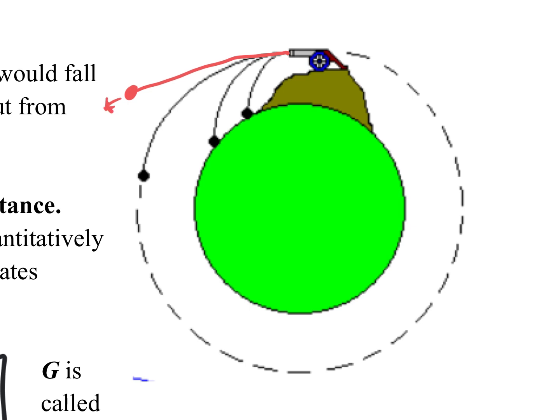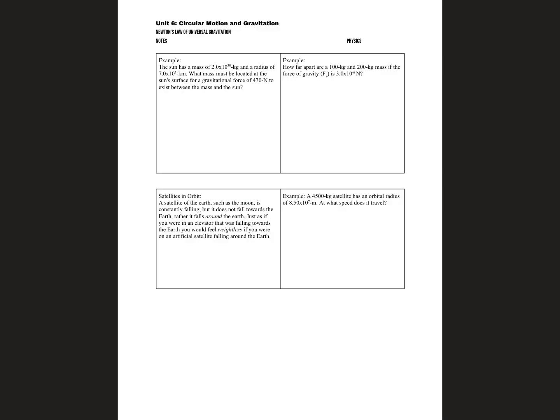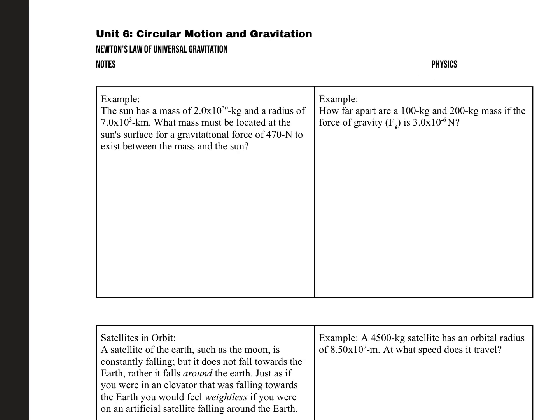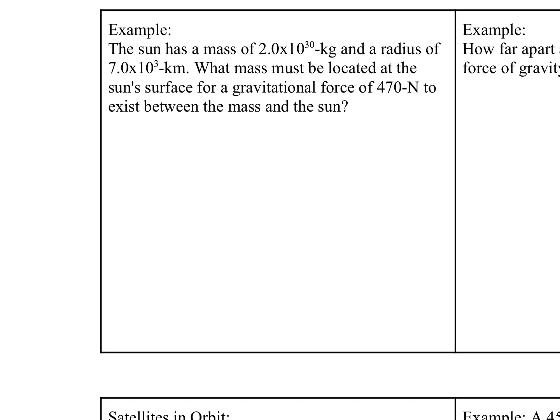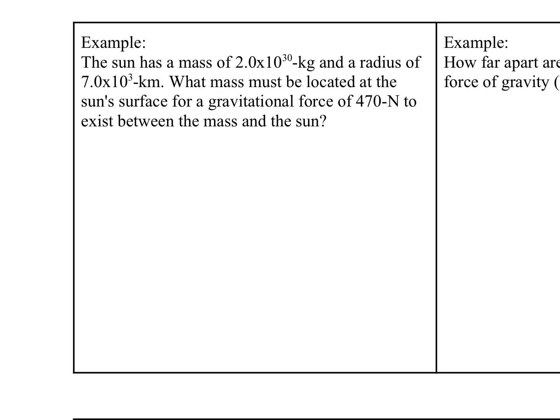So the next kind of question we'll see here: we have what mass must be located at the sun's surface. So we're looking at this theoretical idea where we have the sun, and an object is sitting on the surface, and we're trying to figure out what the Fg is here, okay?